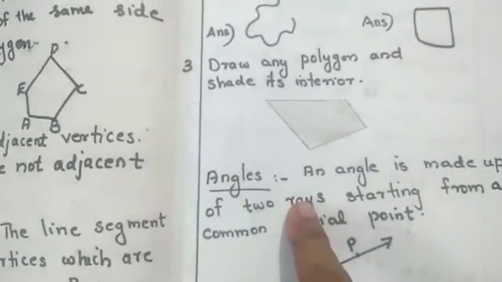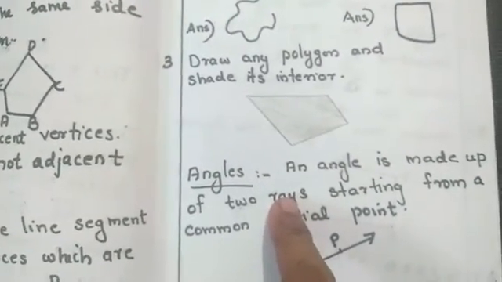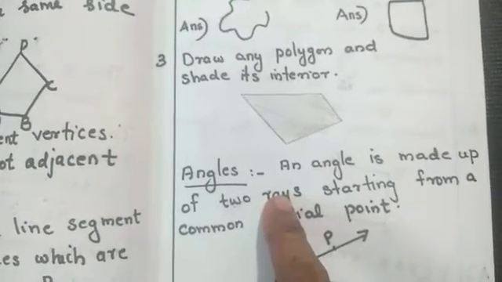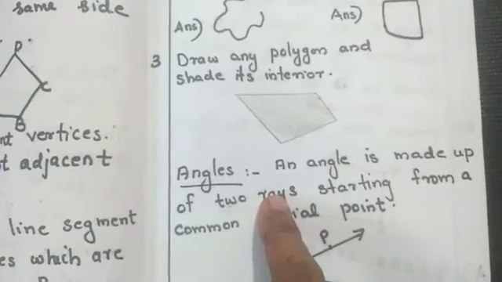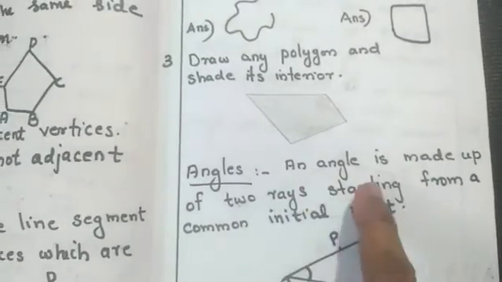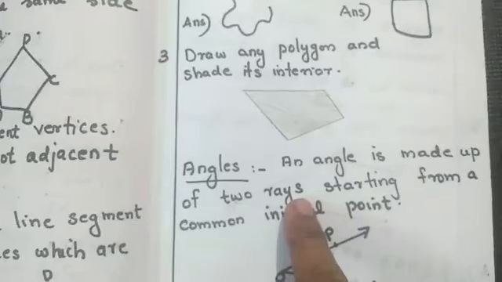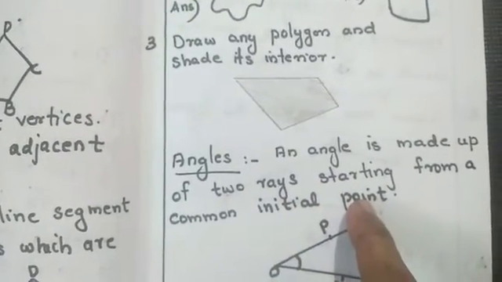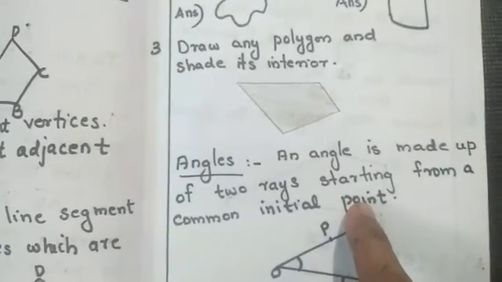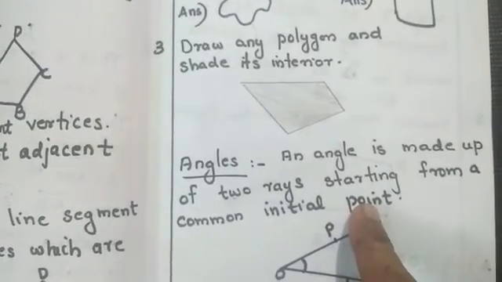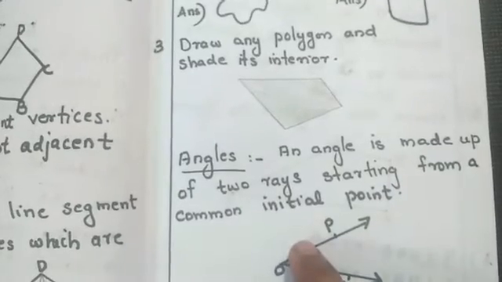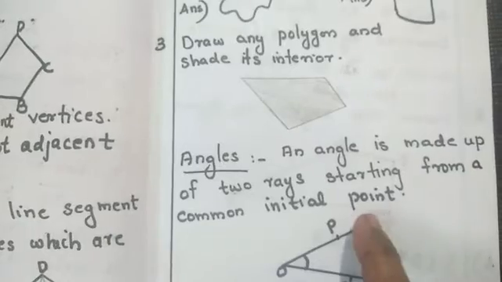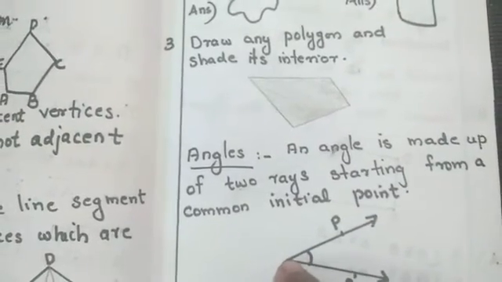Next term is angles. You are familiar with the word angle, but there is a definition for the angle. An angle is made up of two rays starting from a common initial point. You have heard the word ray? We learned it in the previous class. A ray has only one endpoint, that means only the starting point.